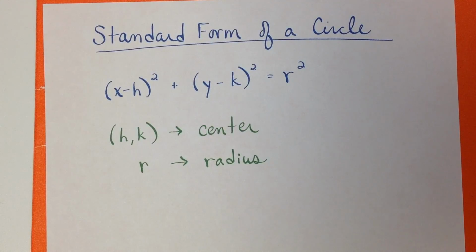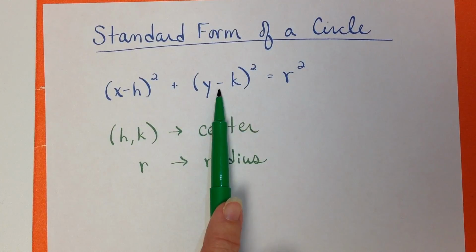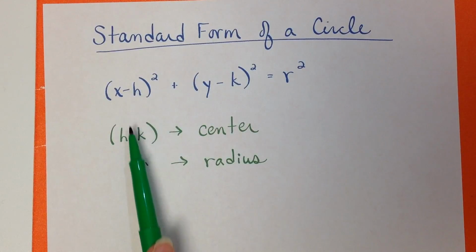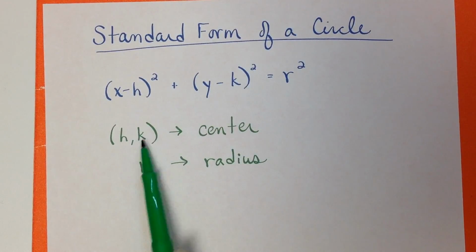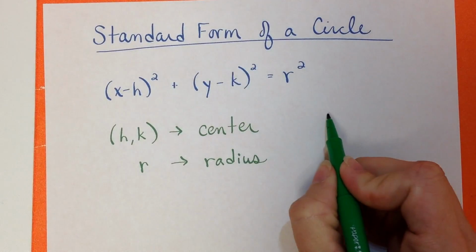Now what you've got to be careful about when you're identifying your center, because what you have here and here are minus signs, the easiest way to remember is when you pull those numbers out and use them to form your ordered pair for your center, you have to change the sign. And just a brief explanation as to why.